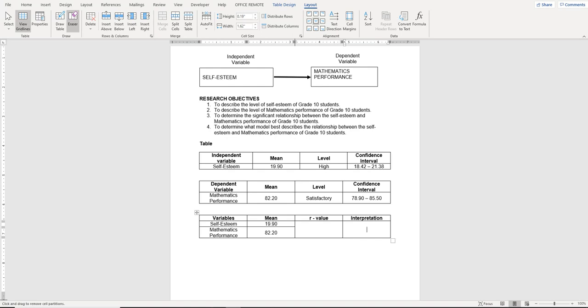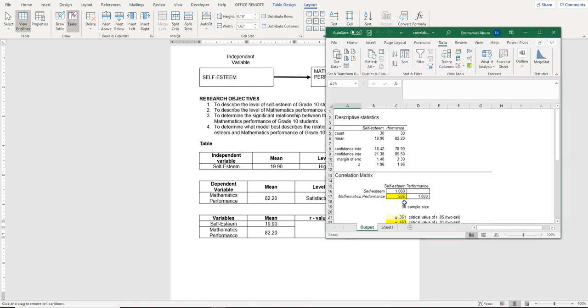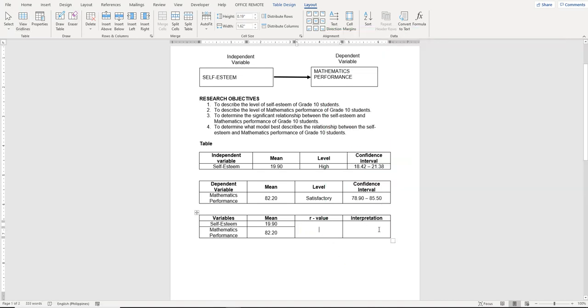Okay, so the R is 0.935. Let's put two asterisks there. Later on, I will discuss what it means. Now, the R value interpretation, we already discussed this one.